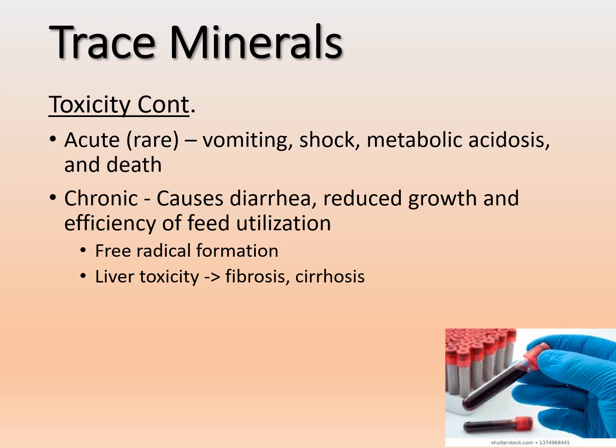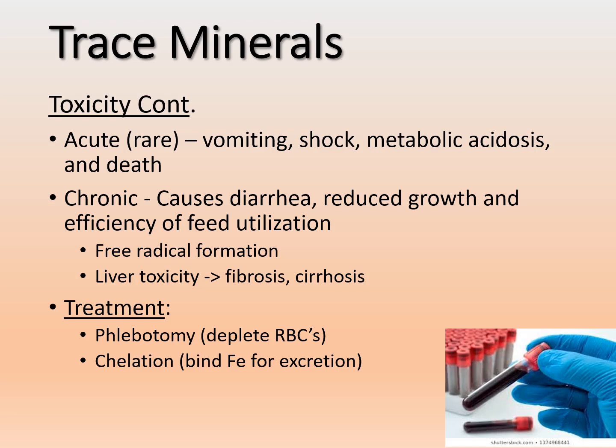And since you have too much of it, you get a lot of this free iron and free radical formation causing damage, right? And since it all goes to the liver, you get liver toxicity. With chronic liver toxicity, you get fibrosis and cirrhosis of the liver, which is classic liver damage, right?